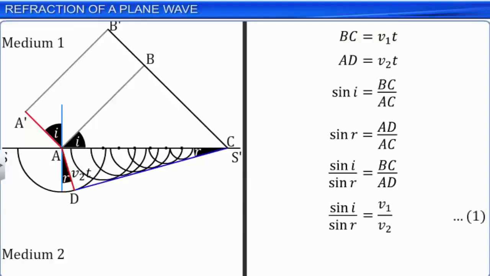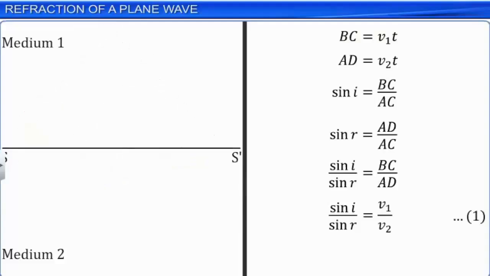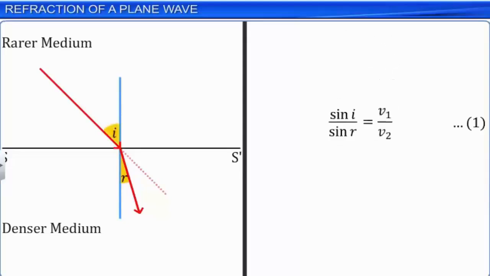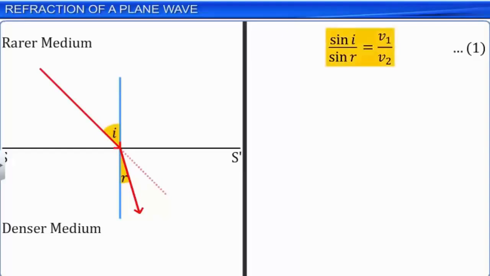We know that if light travels from a rarer medium to a denser medium, it bends towards the normal, and hence the angle of refraction, R, is less than the angle of incidence, I. From equation 1, we can conclude that if R is less than I, then V2 must be less than V1.